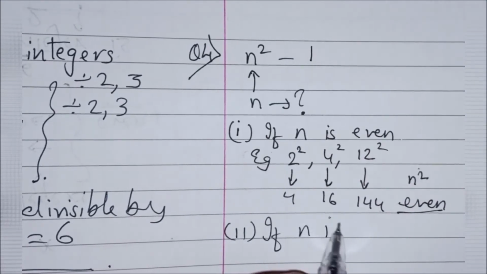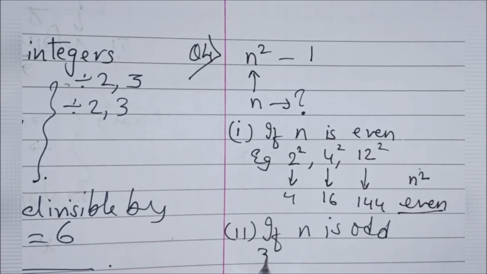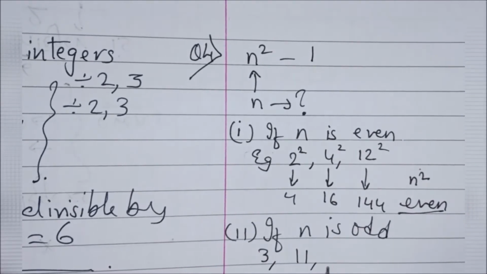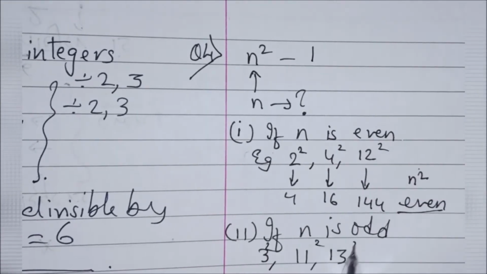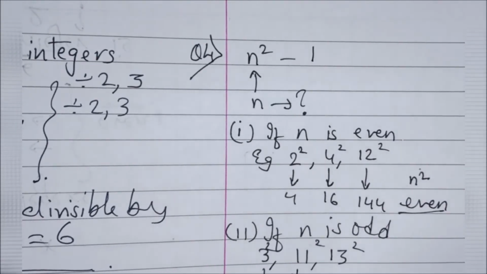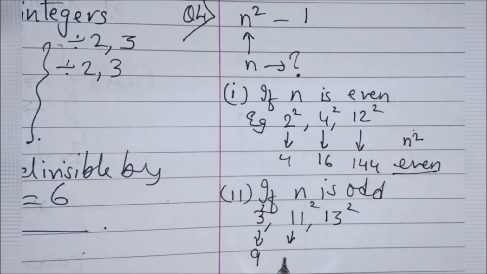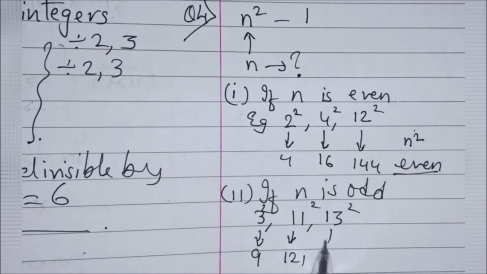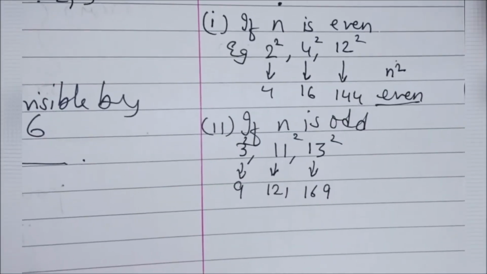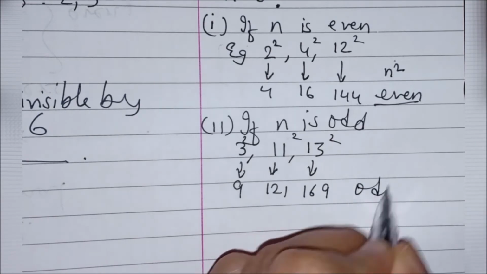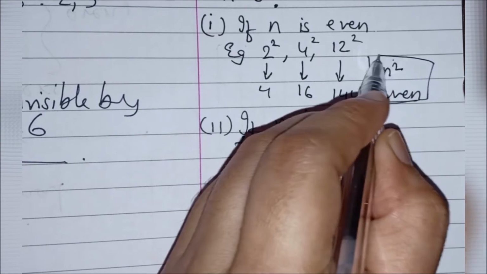Now let's take an example where n is odd, and you square these numbers, for example 3, 11 and 13. What will be the squares? 9, 121 and 169. These three numbers are again odd. So when n is odd, the square is always odd.